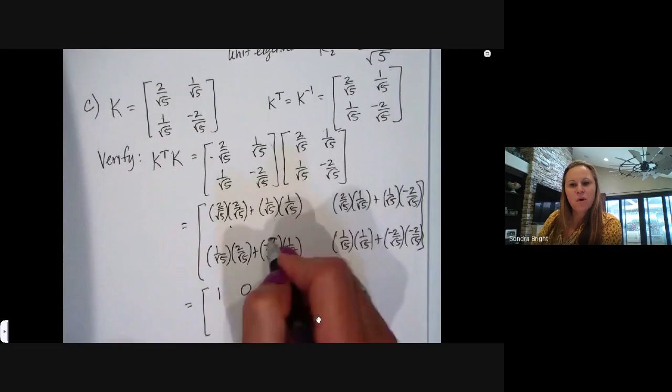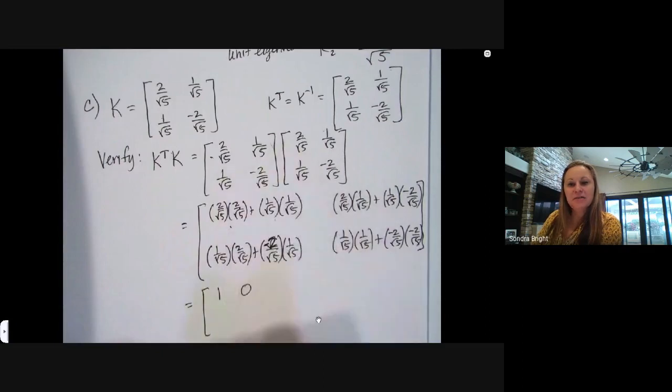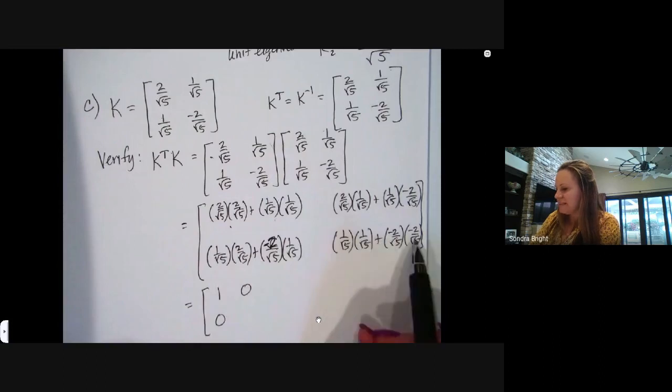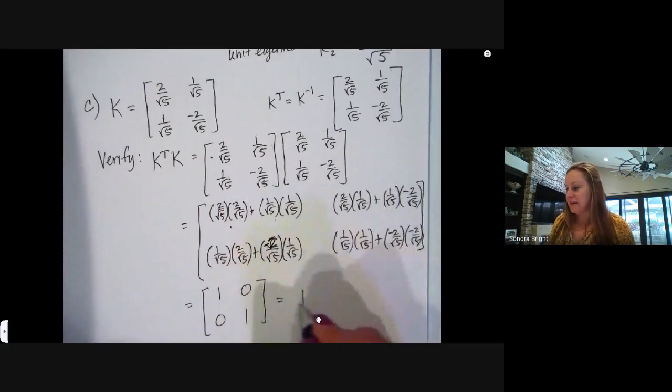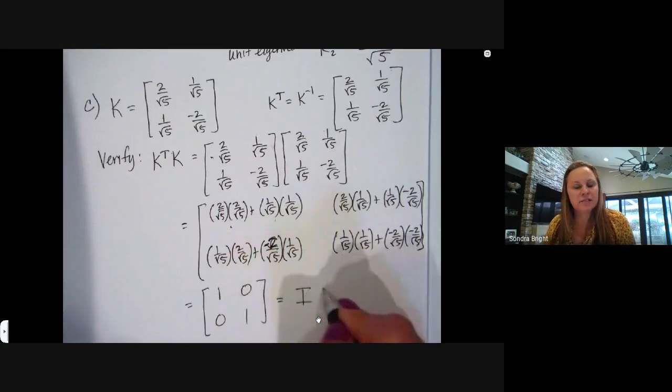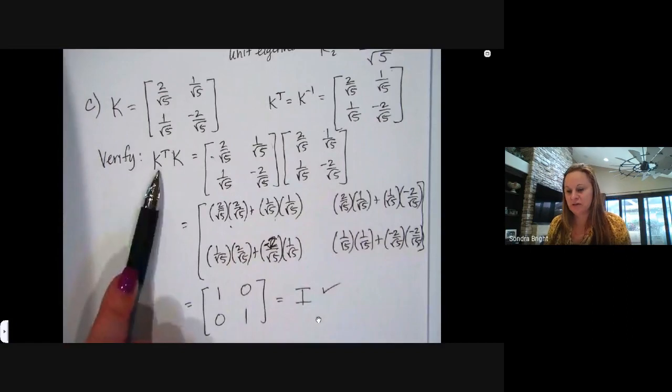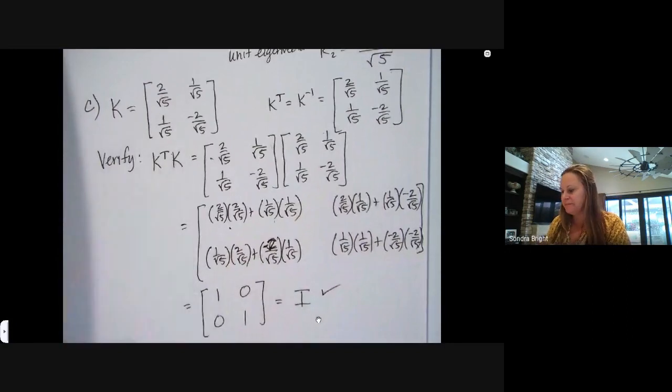And then 1 over 5 plus 4 over 5, 5 over 5, is 1. That is the identity matrix. And so you have just verified that K transposed is K inverse, because when you multiply and get the identity matrix, they're inverses, yes?